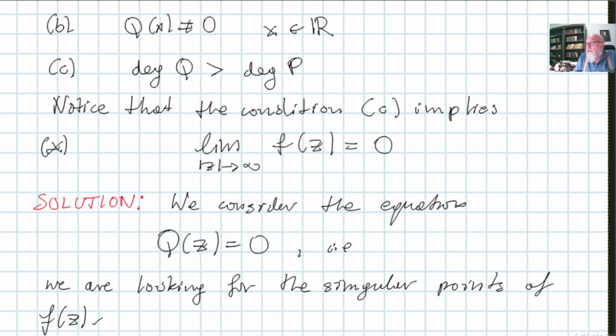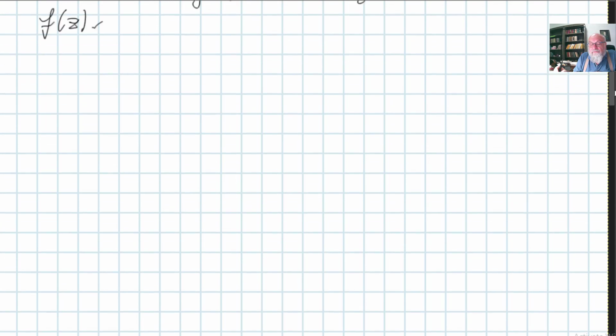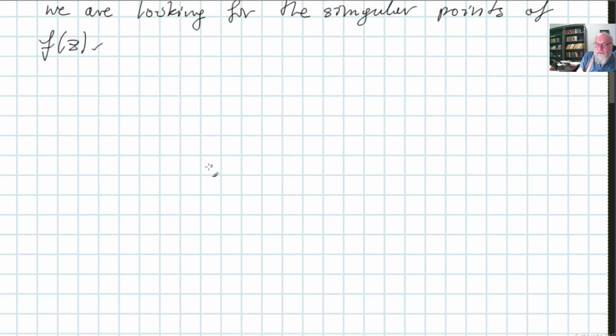And then, of course, let's make a picture. Our situation is very analogous to the previous one. So here we have the real line, and here we have the imaginary line.